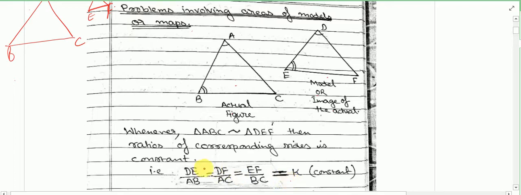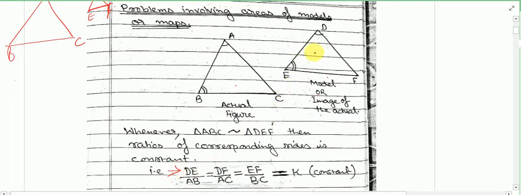And one more thing, you should always remember that whenever we are solving problems involving models or maps, we shall always have the model in the numerator, okay.